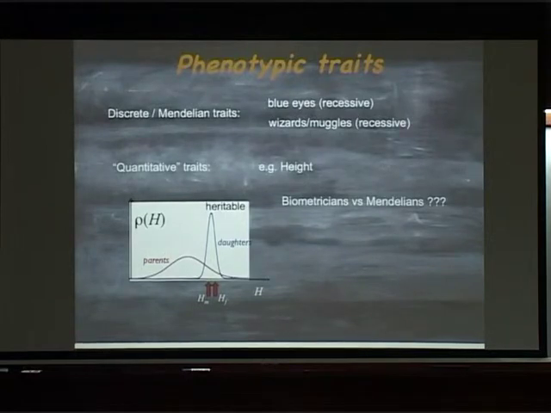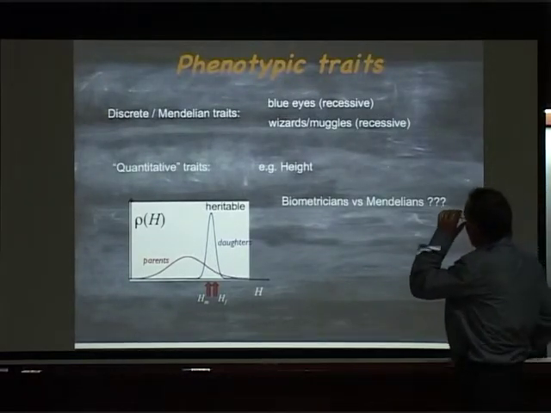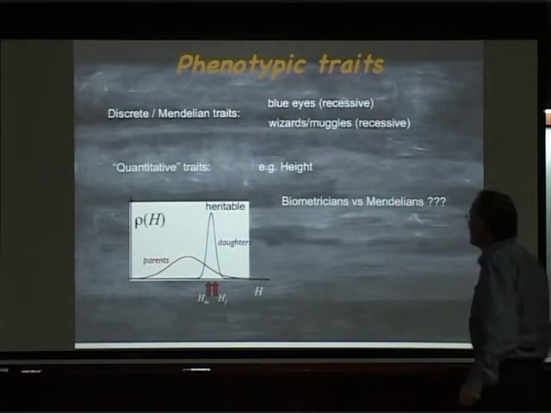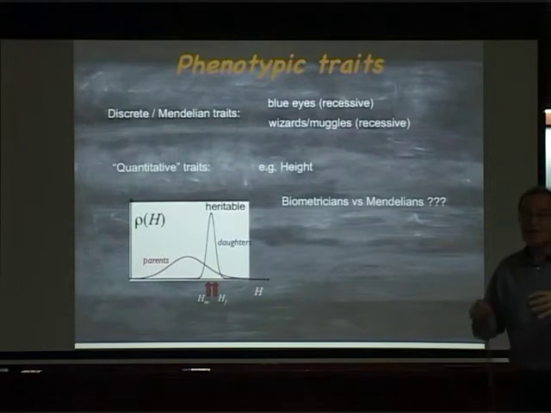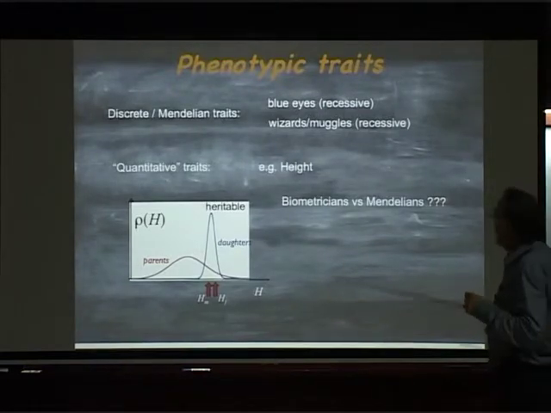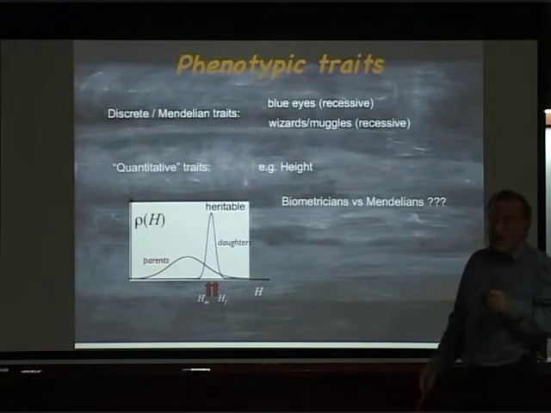And some 100 years ago, there was a scientific war going on involving the followers of Mendel, who were talking about the inheritance of these discrete, quantized, binary traits, and biometricians.